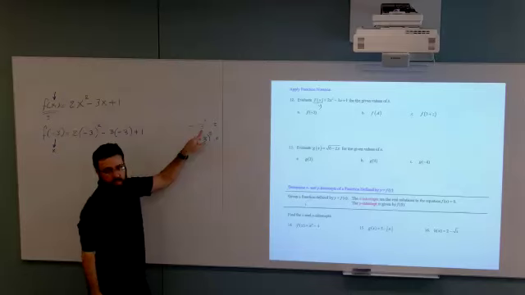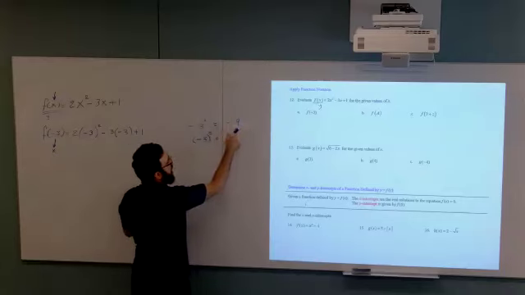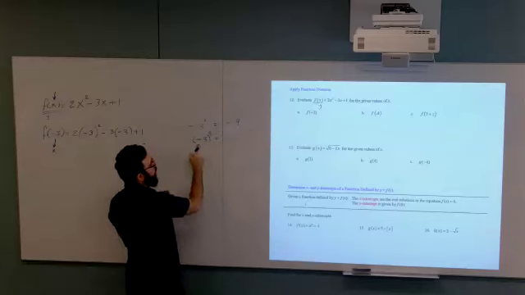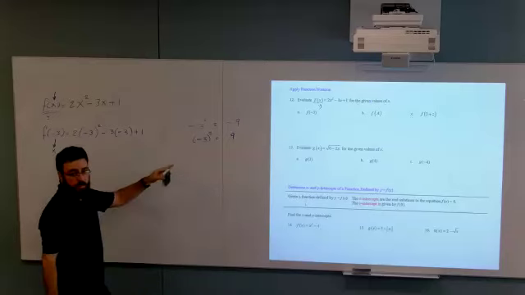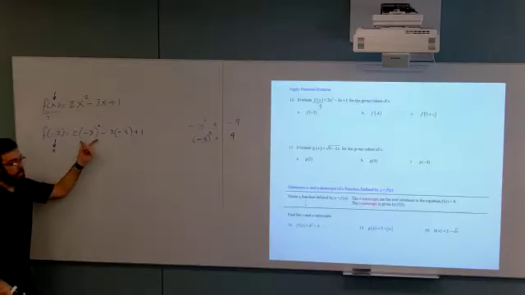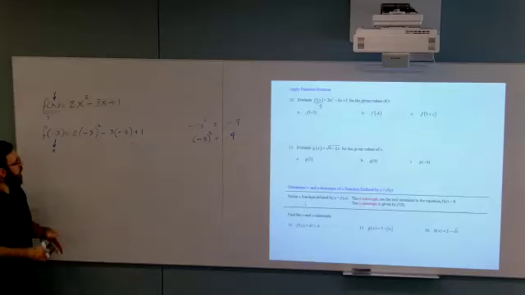Squared only for the 3: 3 squared is 9, and there is a negative sign, so the result here is negative 9. Here, it's squared for both the negative sign and the 3. Negative 3 times negative 3 is positive 9. You see the difference? So always put parentheses if you want to use the calculator.